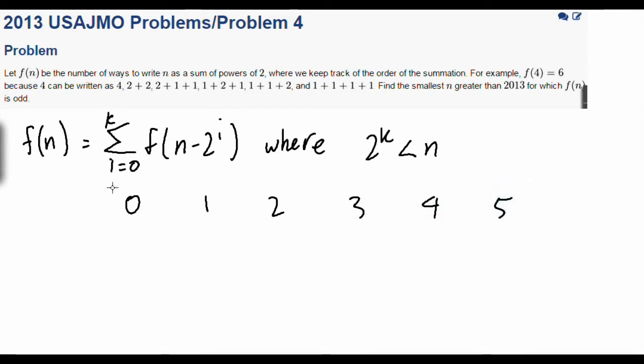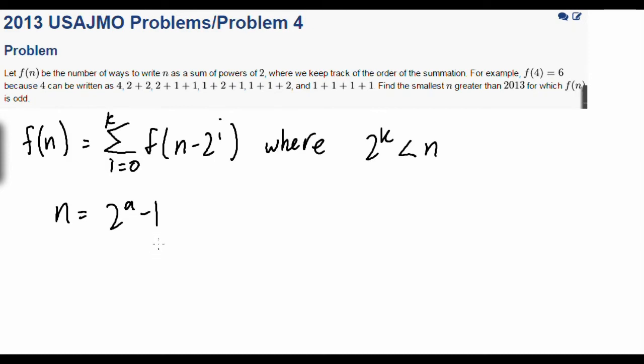And if you've done that, you've probably noticed a very apparent pattern: for any number n in the form 2 to the a minus 1, for instance 4 minus 1 is 3, so n is 3, 7, 15, f of that number is odd.